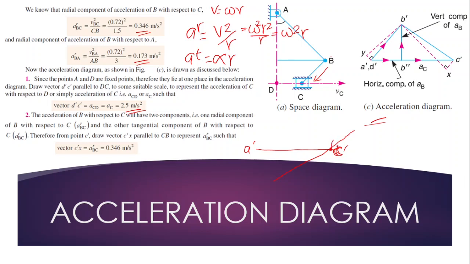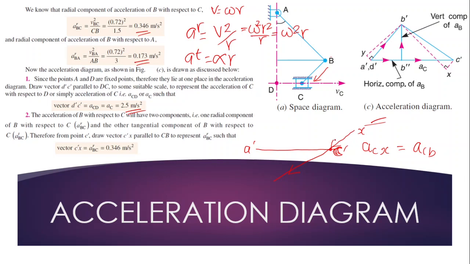We can represent it like this, or we can represent that radial component like this. Here if we represent this point as X, we can name it as acceleration of C with respect to X. Here we can take this X as point B. Then acceleration of C with respect to B is this one.